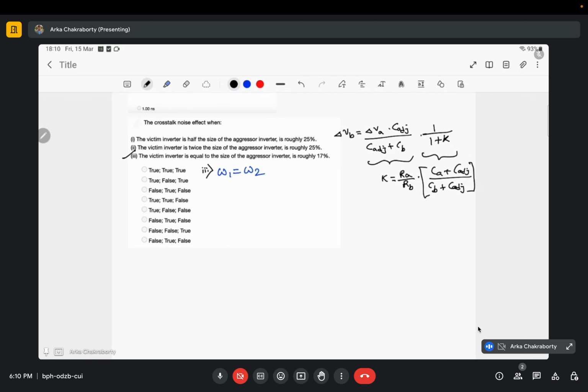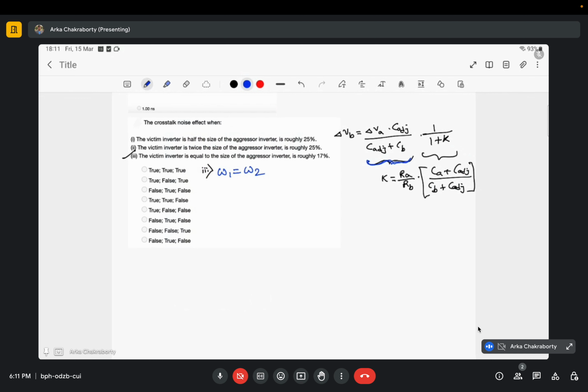If I consider only this part, and consider that C adjacent and CB are equal, as is the case even when this resistor was not considered, then we see that delta VB equals delta VA by 2, that is 0.5 delta V. So the crosstalk noise, if the resistor was not present, was around 50%; delta VB would be 50% of delta VA.